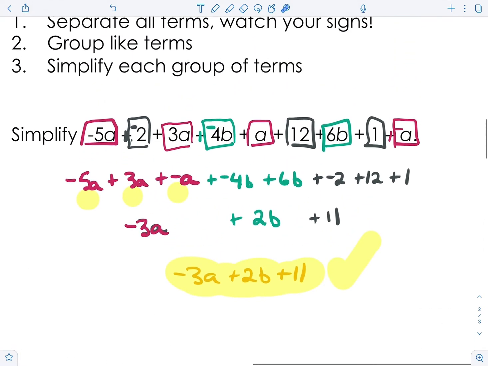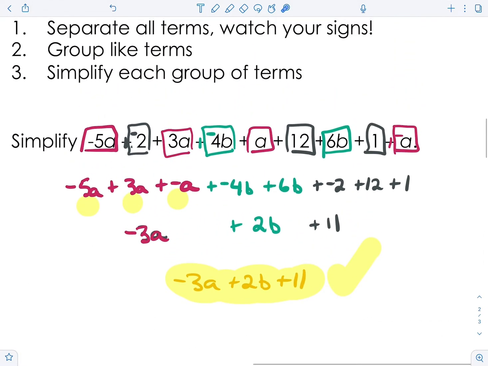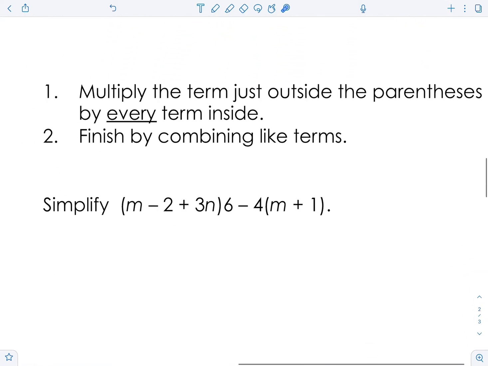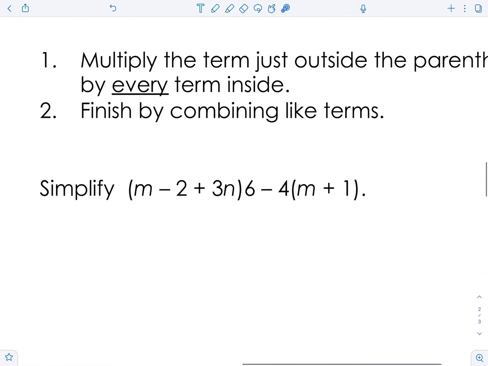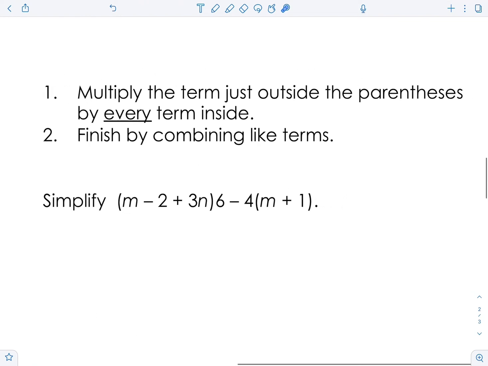So here, there were no parentheses, so we knew we didn't need to do anything other than combine like terms. Here, what we should notice is that we have parentheses, so we're going to need to apply our distributive property. So it's important to make a note that here, we're going to be applying the distributive property. And we know that because we see parentheses.